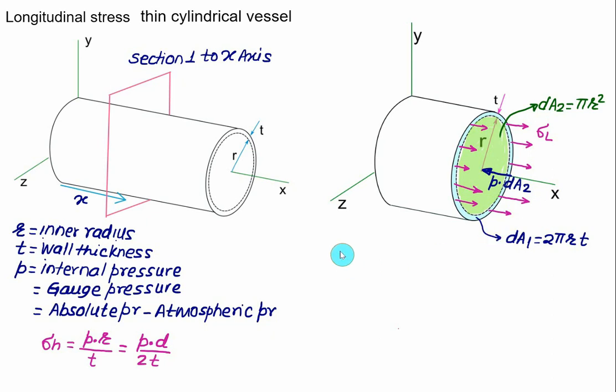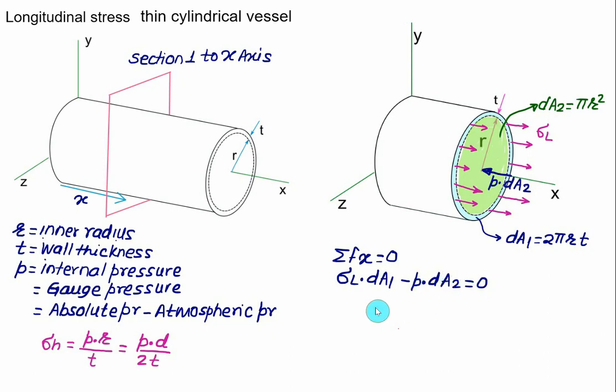This time we'll do the sum of all the forces along the longitudinal axis, that is along the x-axis, and we'll make the sum equal to 0. The longitudinal stress multiplied by dA1 will be a positive value. So we have sigma L multiplied by dA1, and the pressure force P, the gauge pressure, multiplied by dA2 will be a negative value, equal to 0.